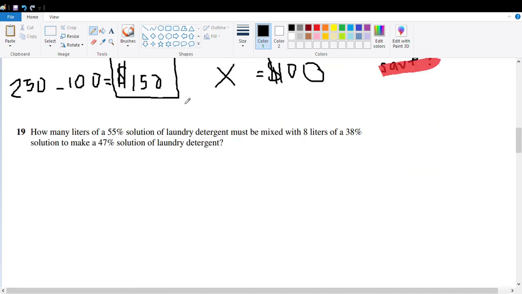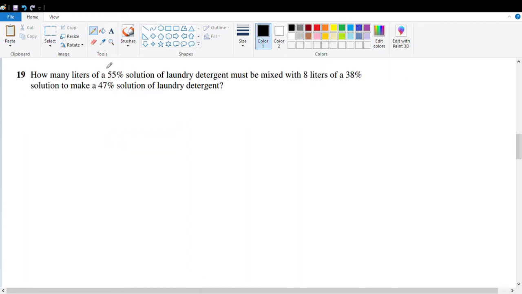Now let's do something hard. Number 19. This is a solution problem. This is again in your previous topic, as in your topic 9 videos. And in this kind of problem, what we want to do is draw a chart.